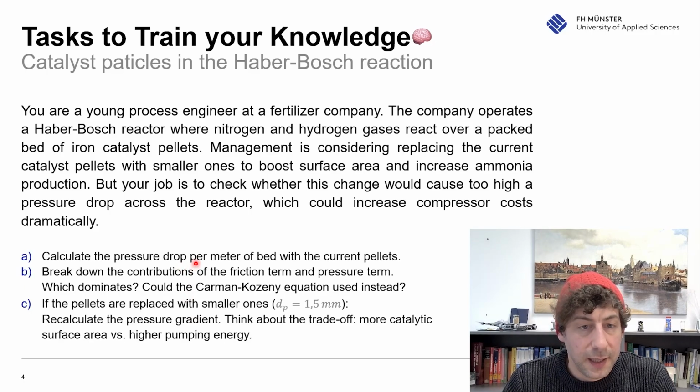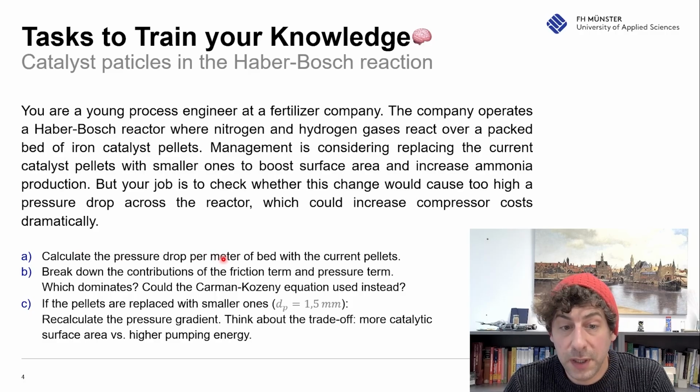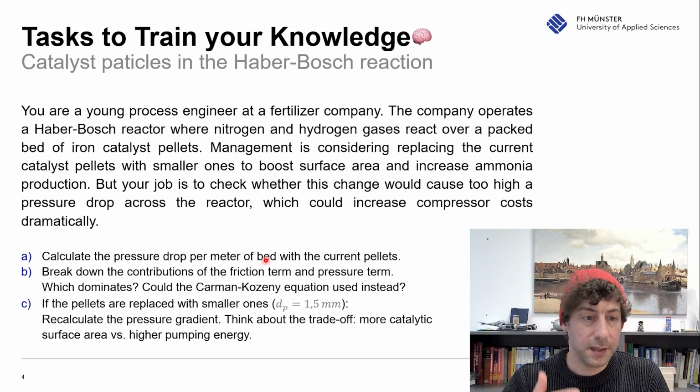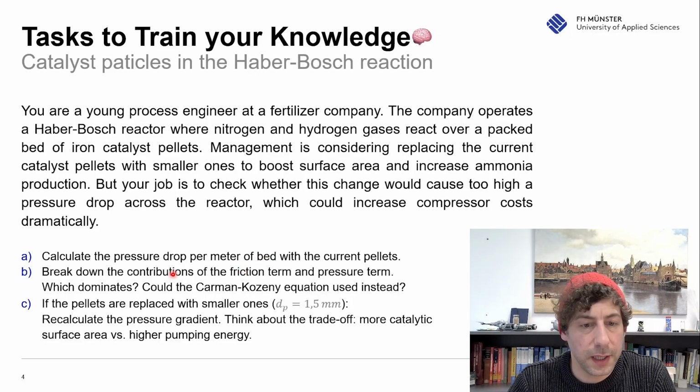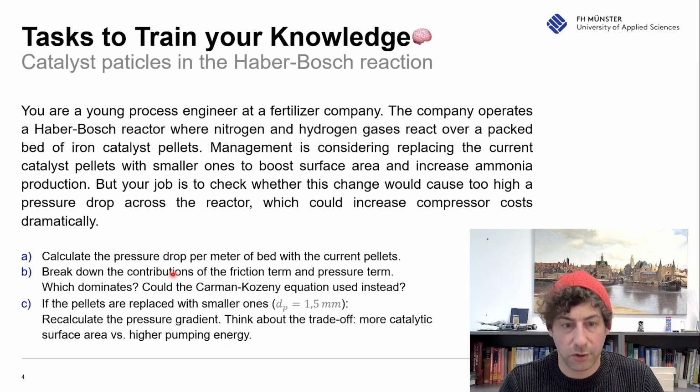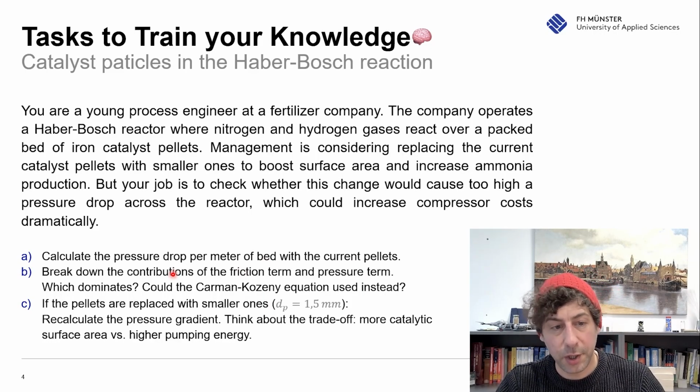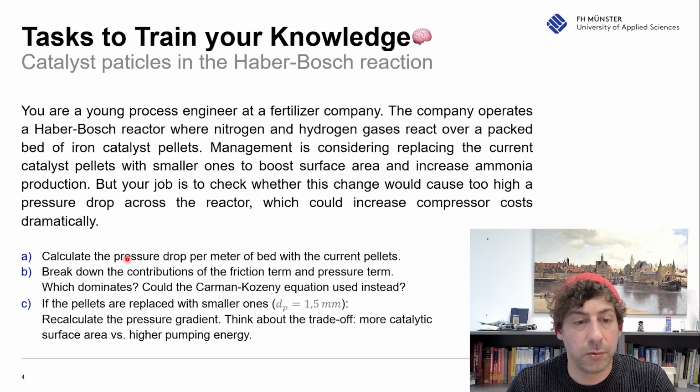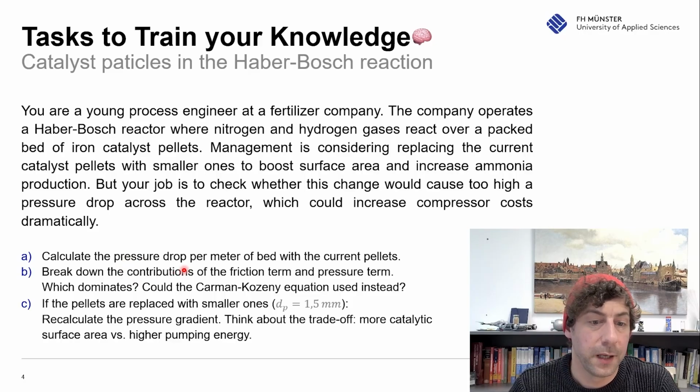And the task here is that you calculate the pressure drop per meter of the bed with the current pellets. So calculate the pressure drop for the system, and then you take a look at the different fractions. So we have a friction term and we have a pressure term, and the question is which of these dominates, and could we also use the Karman-Kozeny equation instead of using the Ergun equation.